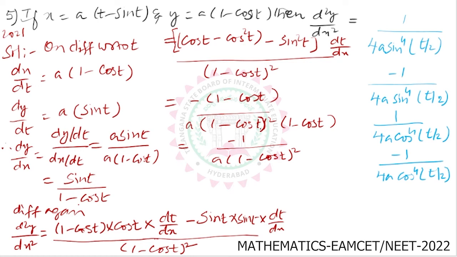Is it clear? So if I convert this cos t in terms of some multiple, that is 1 minus cos t is equal to 2 sin square theta by 2, on simplifying I am getting the answer as 4a sin power of 4 t by 2, because here it is square, so 2 sin square t by 2 becomes 4 sin power of 4 t by 2.